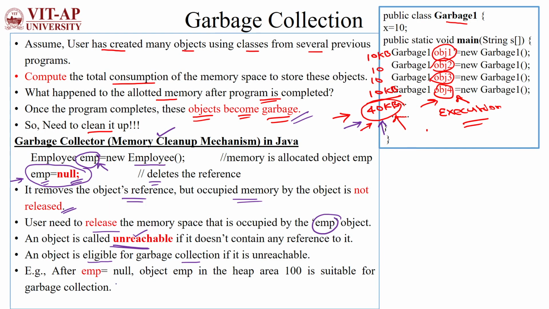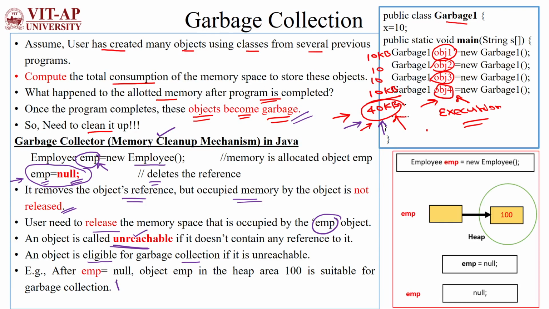As I told you, Employee is the class having the object emp. After creating this emp object, a memory location is allotted to it. This memory is the heap data structure, which we already know from the data structure concept. From the heap, particular memory locations are allotted to this object emp.